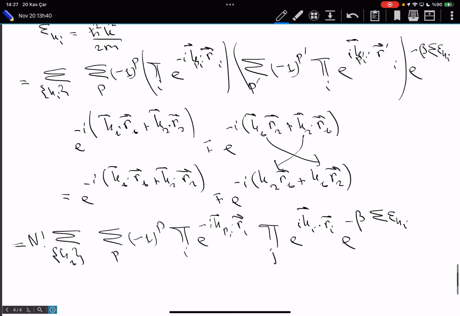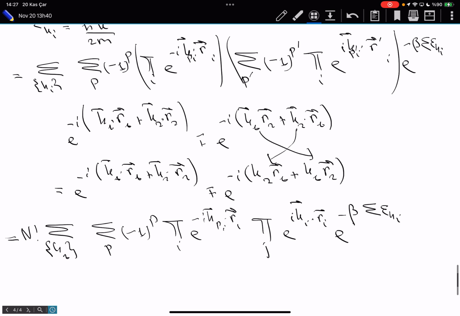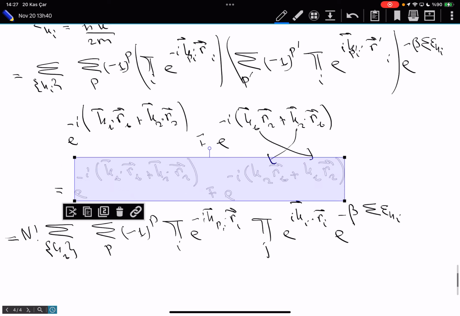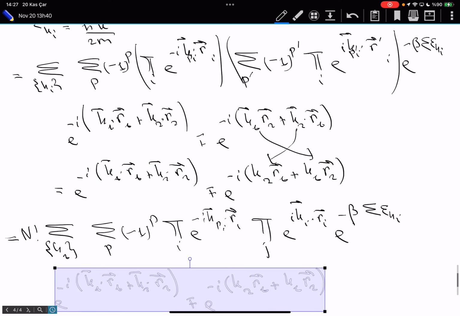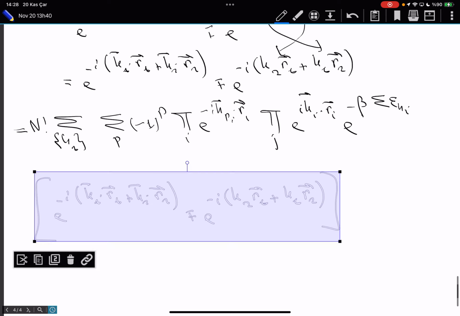Now let's look at this term for two particles. This is one of the sums. Well, the other sum is actually identical, except for the change in the sign, and the positions are now prime positions.